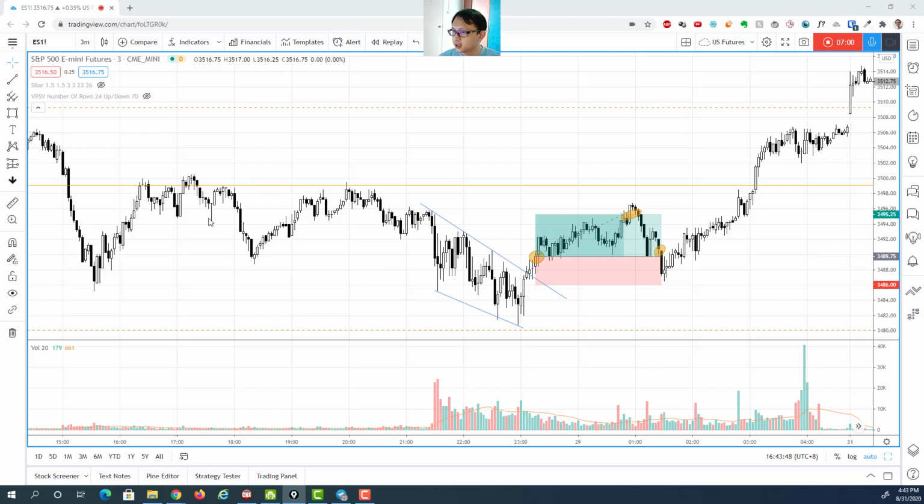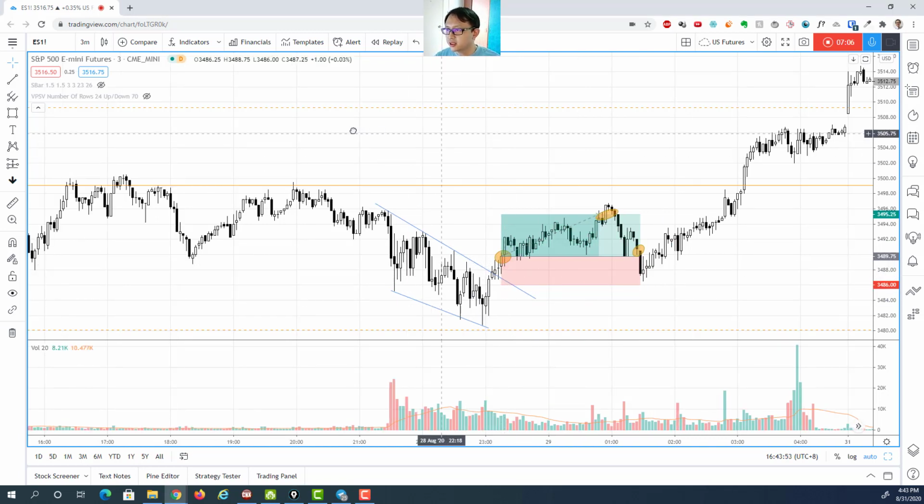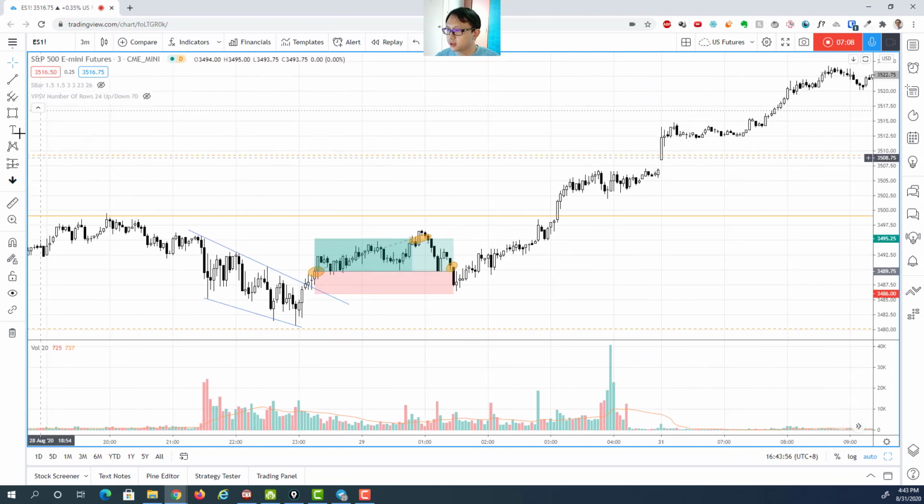So let me just analyze a bit more in terms of the volume. I think we have a pretty interesting volume here. Let's just compare a few bars here. We can see that the context is actually a losing momentum of the down momentum and also the downward thrust.